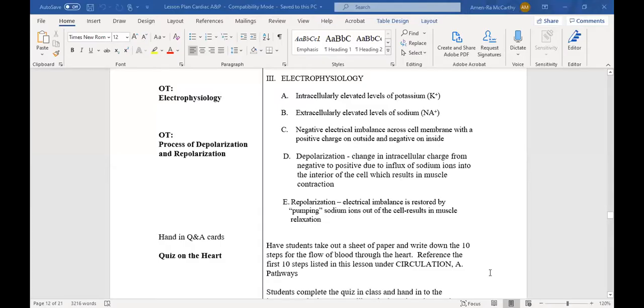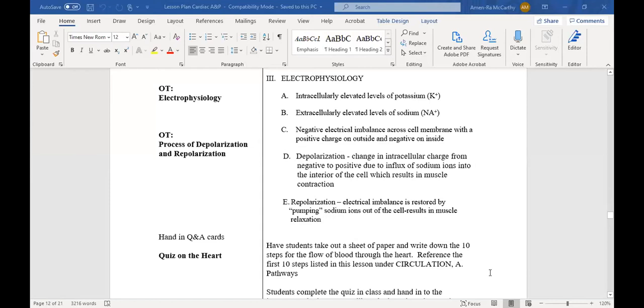All right, so what I just said, here it is, so you can go back and look at it. Intracellular has elevated levels of potassium. Extracellular, meaning outside the cell, has high levels of sodium. A negative electrical imbalance across the cell membrane, with a positive charge on the outside and negative charge on the inside, causes depolarization, which is a change in intracellular charge from negative to positive due to the influx of sodium ions into the interior of the cell, which results in squeeze, all right?